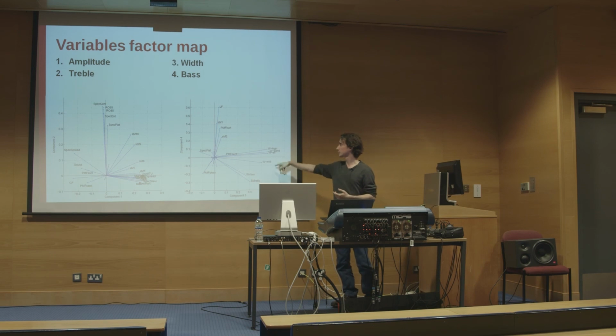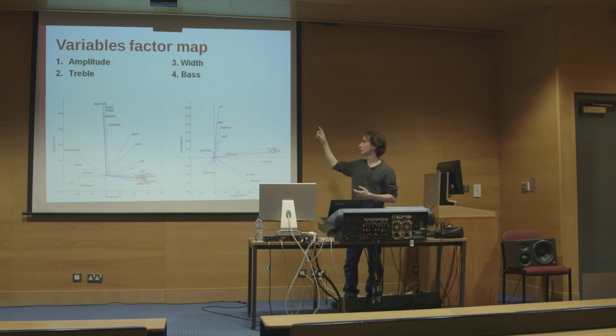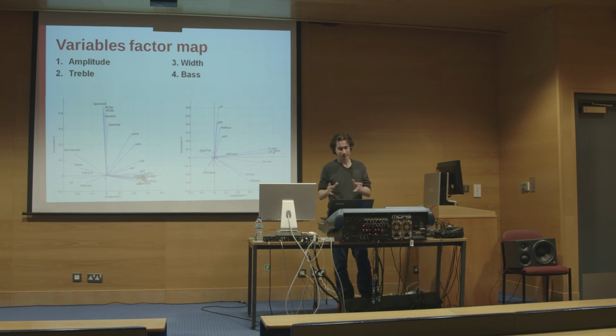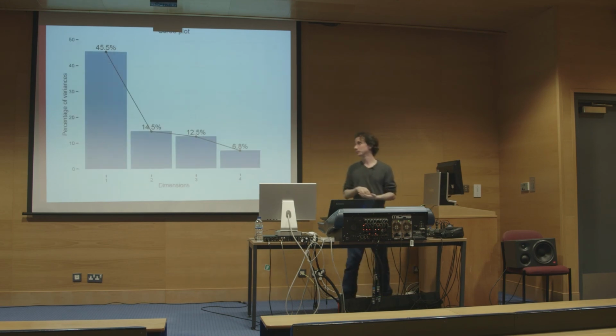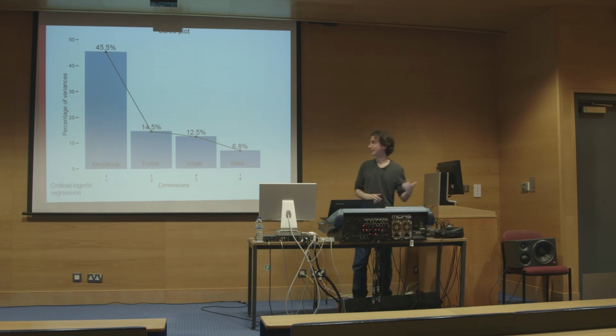Dimension 3 is almost all the spatial features, and 4 is the low frequency information. So we're suggesting that for this one song, in all the mixes of it, there were 4 dimensions around which people varied, which we can roughly call amplitude, treble, width, and bass, in that order of importance.